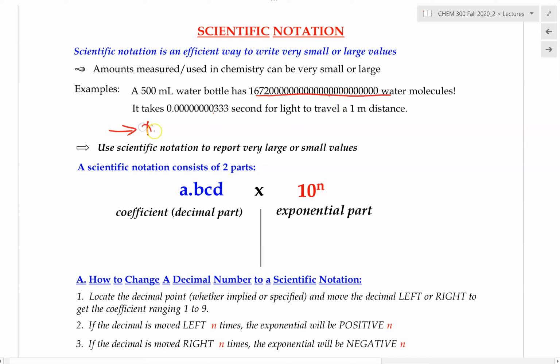So first, it's time consuming to write. And second, it's very easy to miss or to add an extra zero, or maybe more.